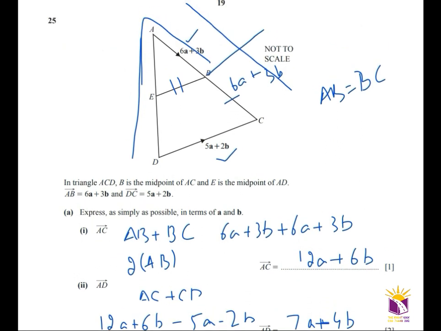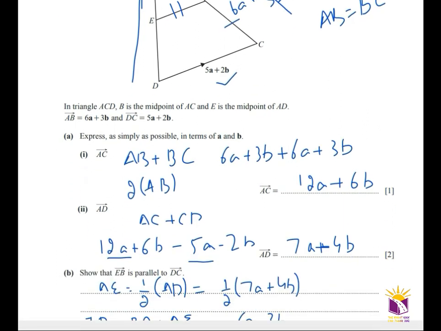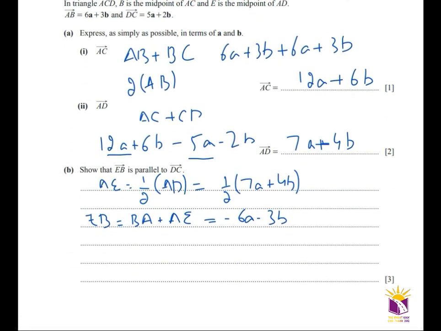And AE will be equal to plus 7 by 2 times a plus 2b. I have multiplied 1 by 2 with both of them, so 7 becomes 7 by 2 and 4 becomes 2.